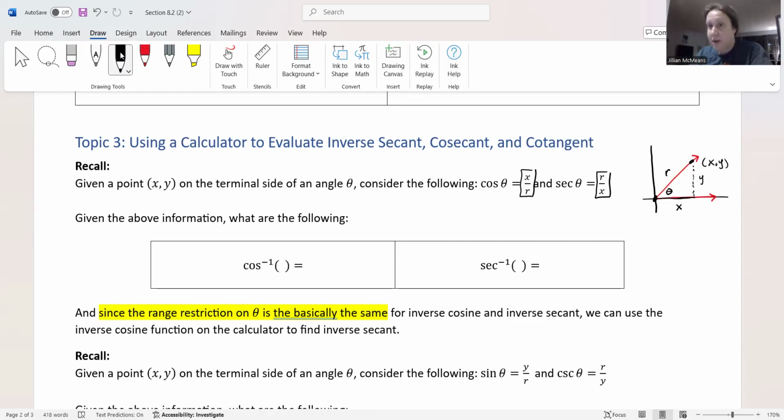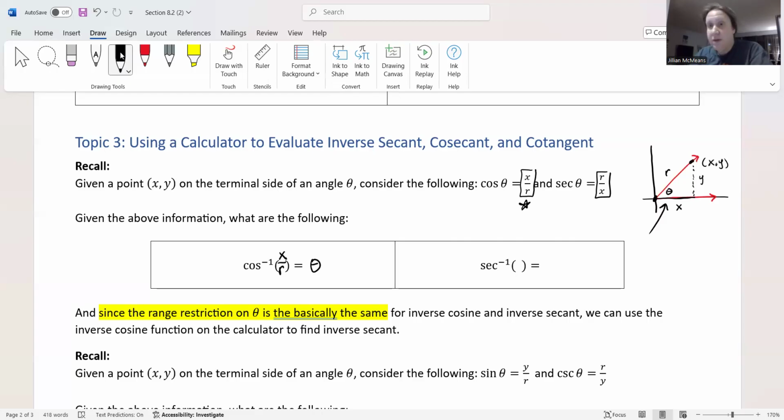So what does that mean in terms of these inverse trig functions? Using this given information, the picture we've drawn, and these ratios for cosine and secant, we could say that inverse cosine is going to equal some angle theta, this angle theta that we just drew. The input value is going to be that ratio. So inverse cosine of the ratio x over r is going to equal this angle theta.